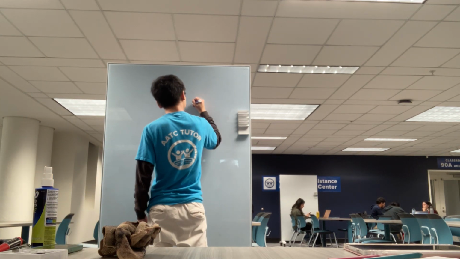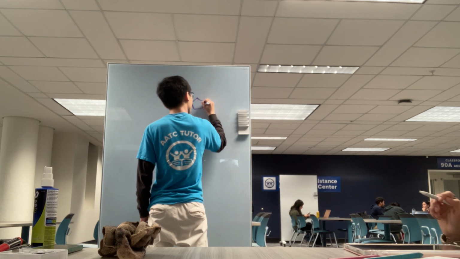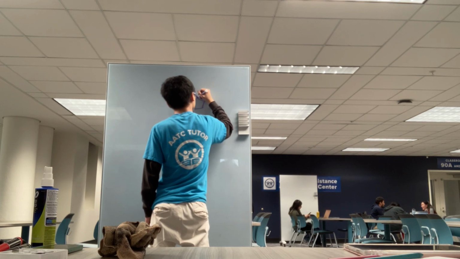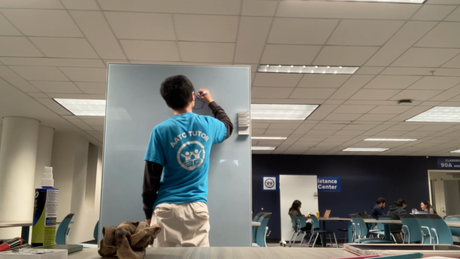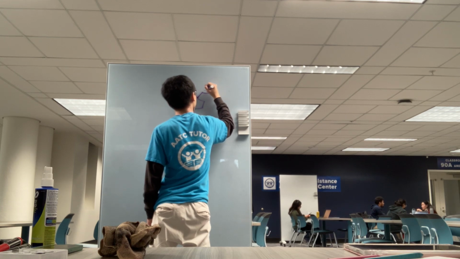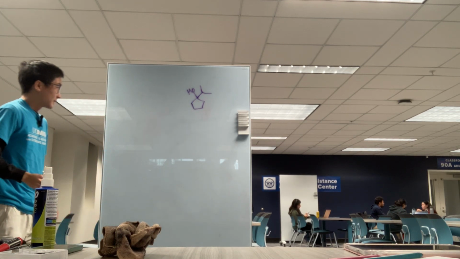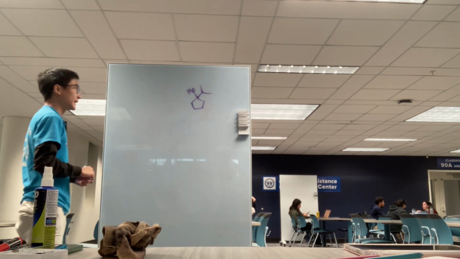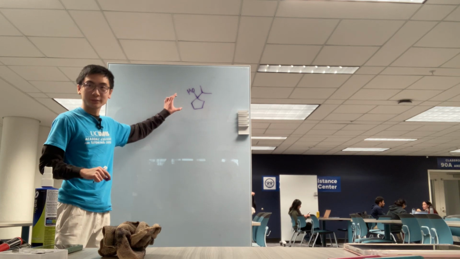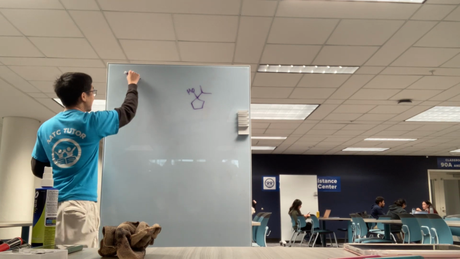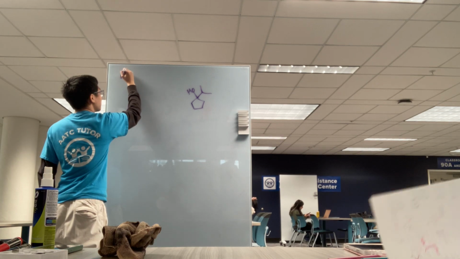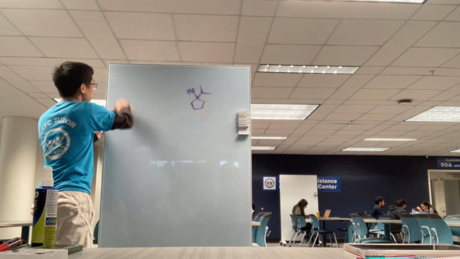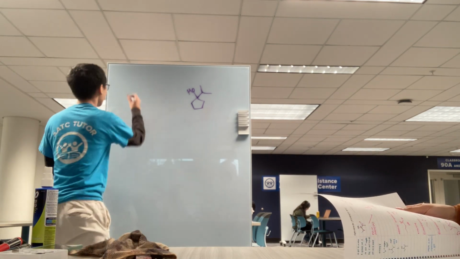Now, if they give you something like this, and this is the product of the problem, they might ask you to synthesize this molecule with no more than 5 carbons, right?